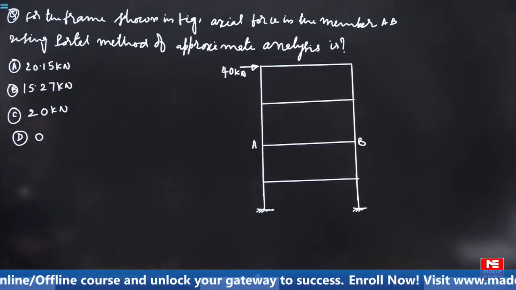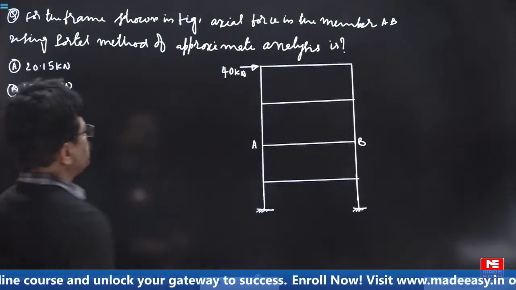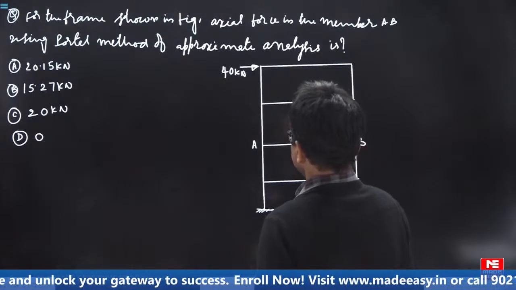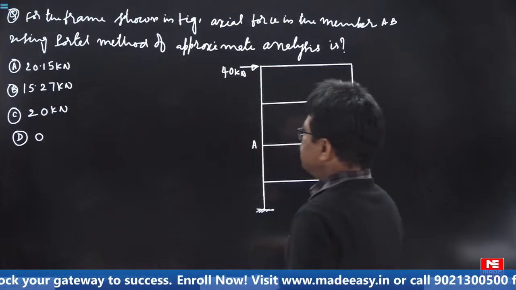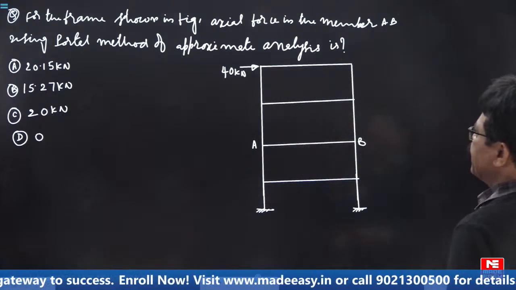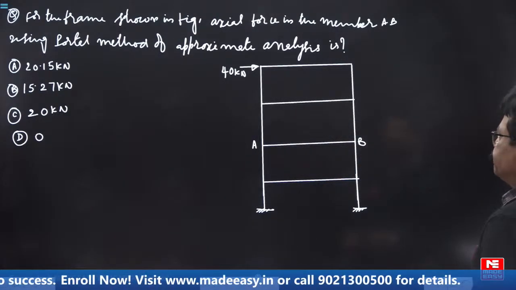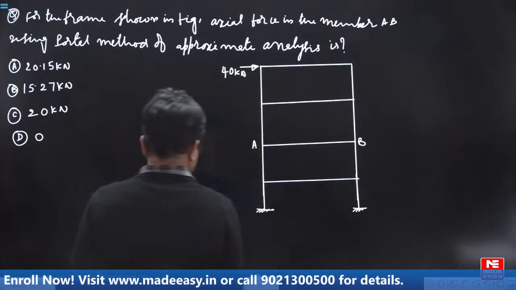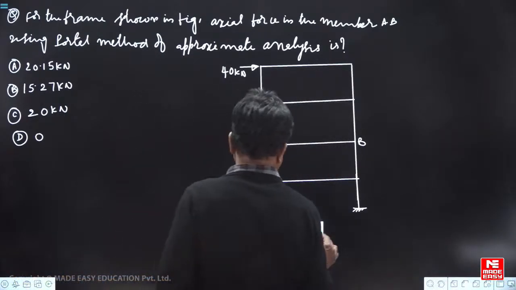For the frame shown in figure, axial force in the member AB, using portal method of analysis. Lengths are not given, suppose all lengths may be same, you can say.